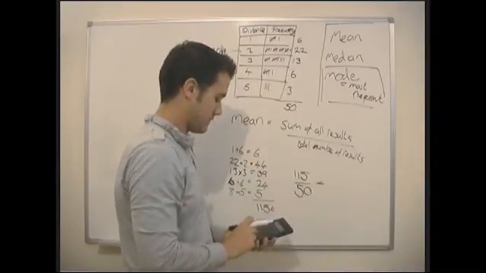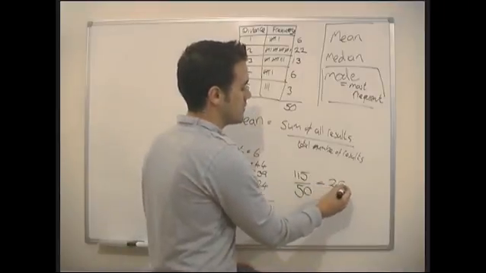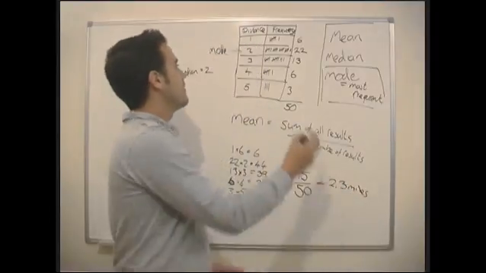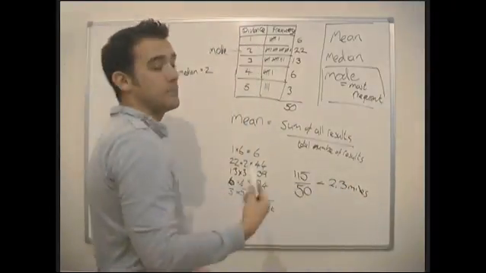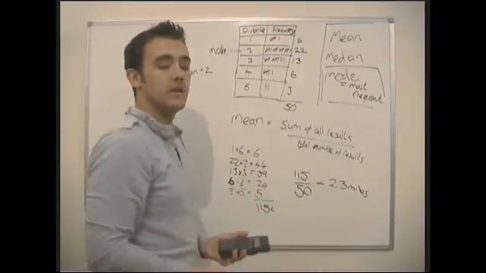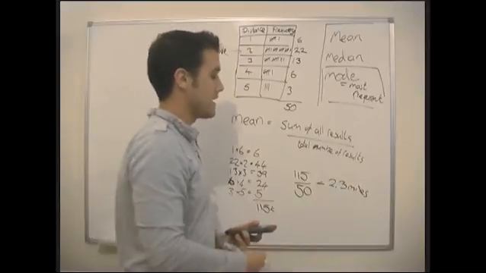And in that case, the average distance a student walks to school is 2.3 miles. Now, the mode, the median, and the mean don't have to come up in the same category. They could come up in random different categories. But that is how you work all of them out.